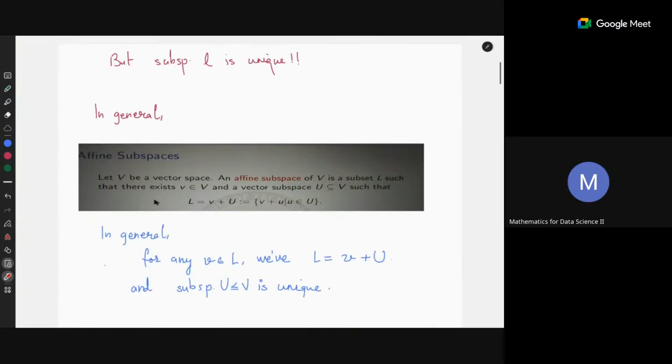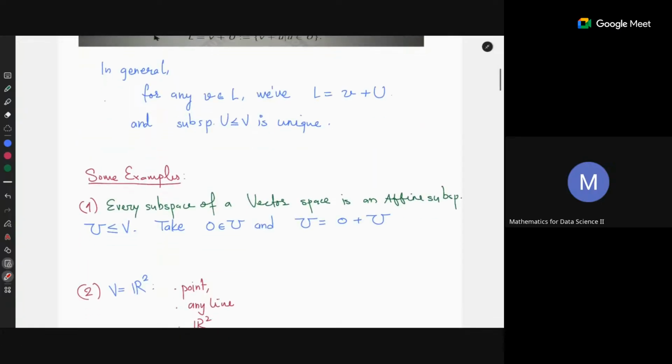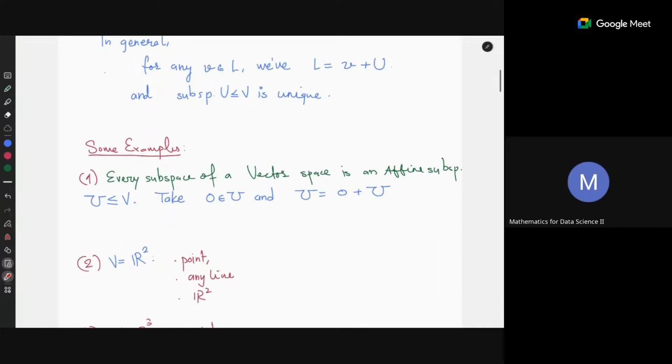Affine subspaces are nothing but a shift of a subspace, or a translation of a subspace, in your vector space. In the case of subspaces, you can take any vector from the subspace because subspaces are closed under addition. In particular, if you take the zero vector from the subspace, you can write U as the sum of 0 plus that subspace.